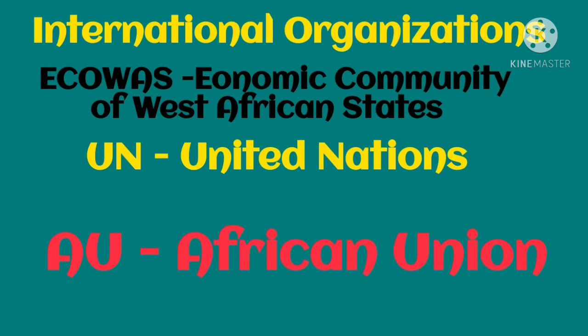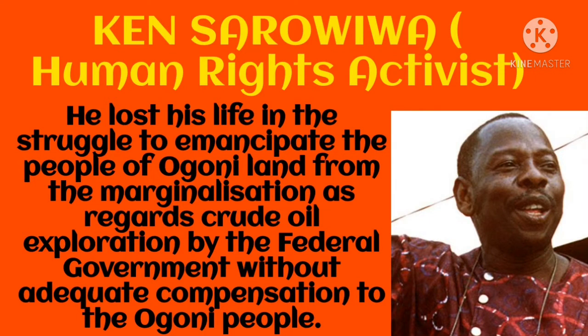You have the General Assembly, which is made up of heads of state. The headquarters of the UN is in New York. Then you have its permanent and non-permanent members. Then the next is the African Union, the AU. The African Union was formerly the Organization of African Unity, and is now known as the African Union.